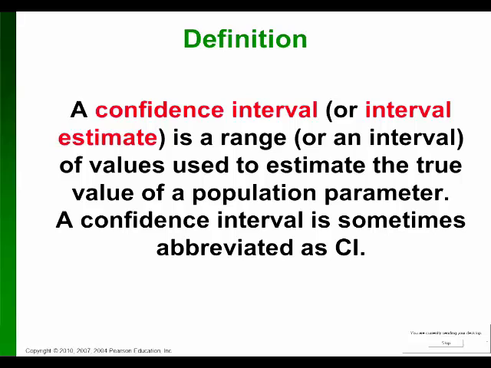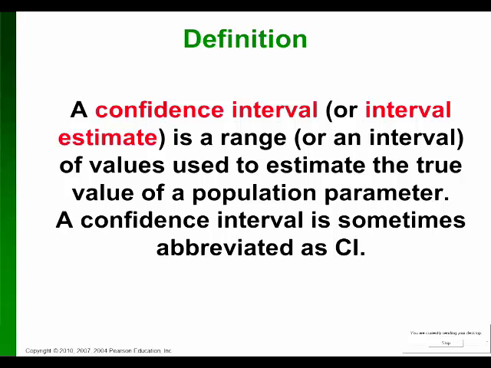A confidence interval is a range of values that we can say with a certain amount of confidence contains the actual mean or actual proportion that we're trying to estimate. I might say, I know that not every single can of Coke has exactly 8 ounces in it, but I'm 95% confident that the mean will be somewhere between 7.9 and 8.1.